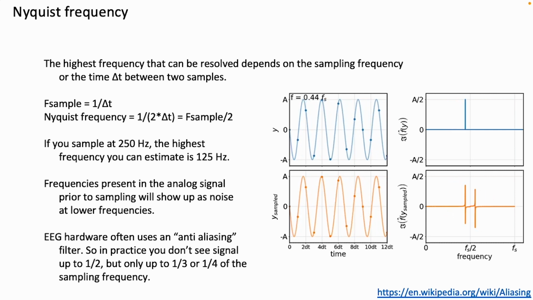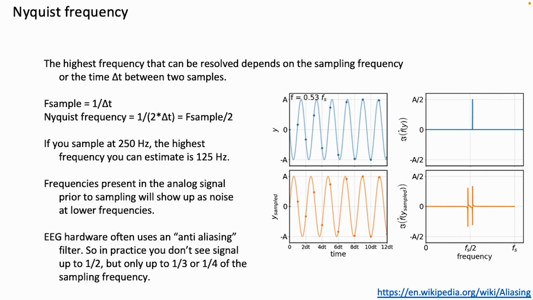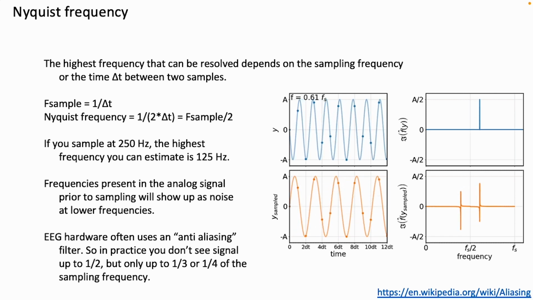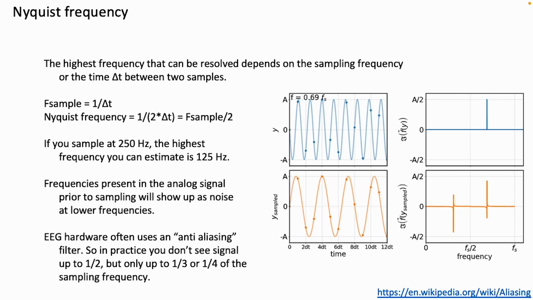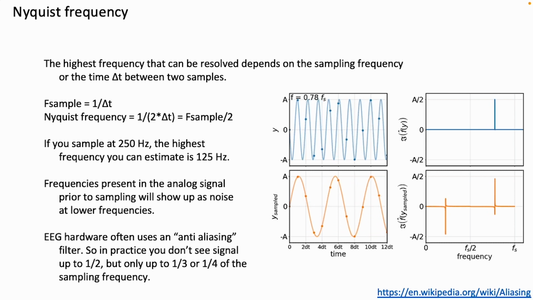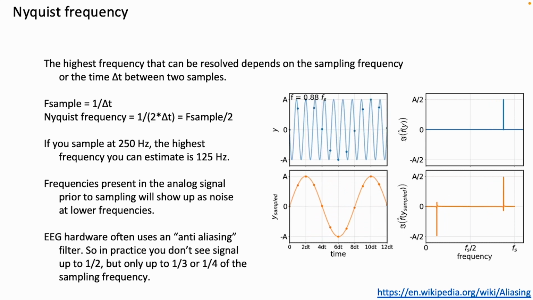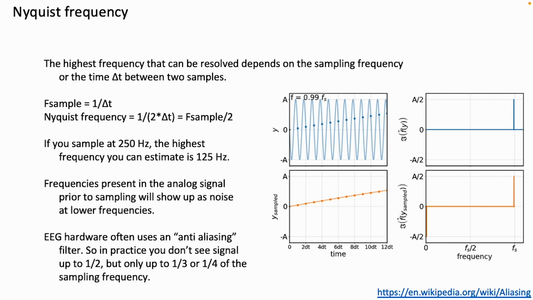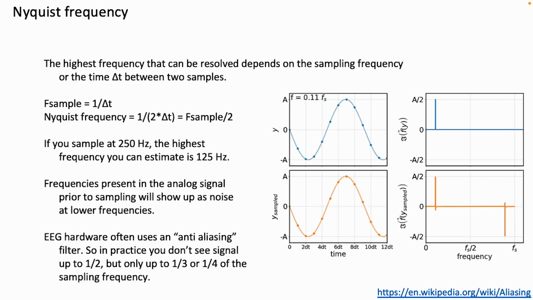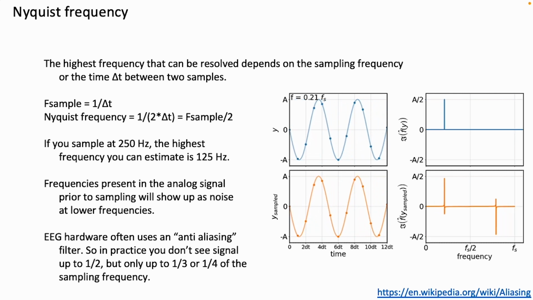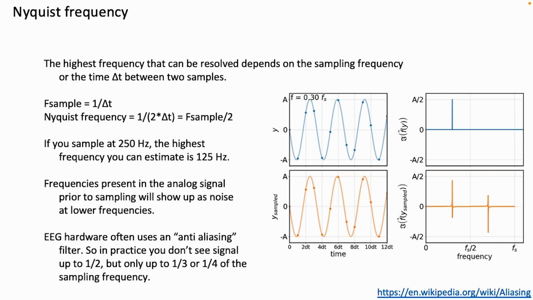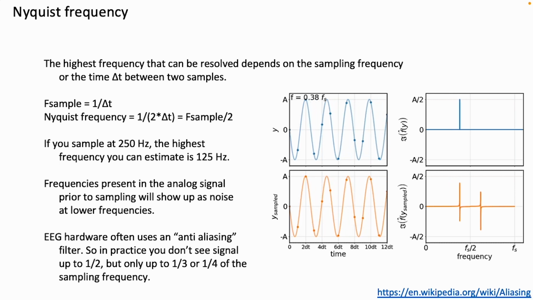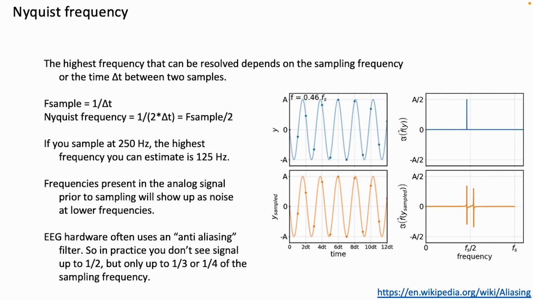But in practice, it has a filter built in, and all the higher frequencies above a quarter times the sampling frequency, so half the Nyquist frequency, are filtered out. So with the Unicorn, we don't really see signals that are above 70 Hertz or 67.5.